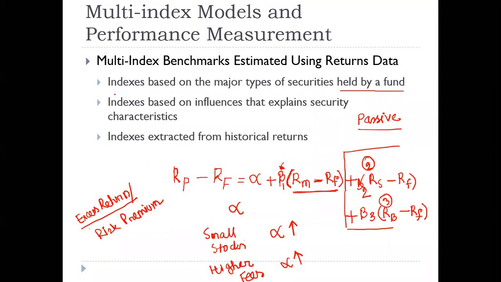Based on the market cap, we can classify the stocks into small stocks, big stocks or mid cap stocks, based on how many classifications we are making. It has been found that the funds which include small stocks have higher alpha, and the funds which have higher fees also have higher alpha.